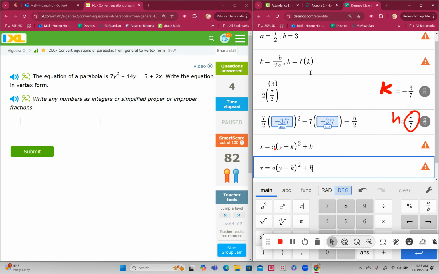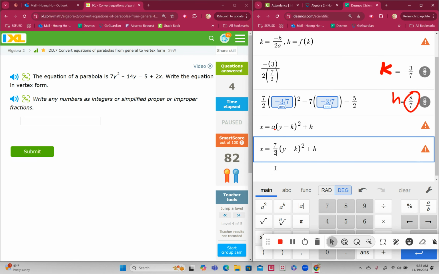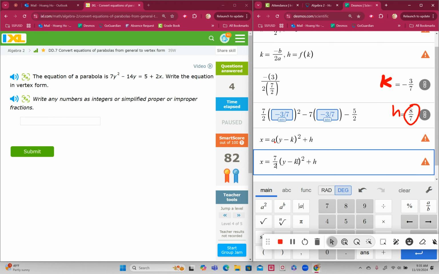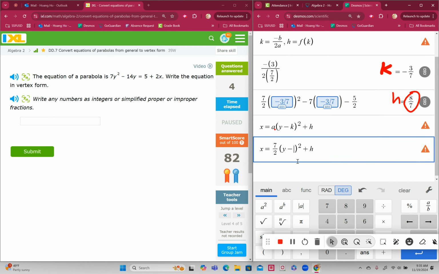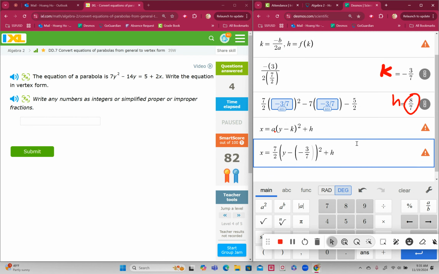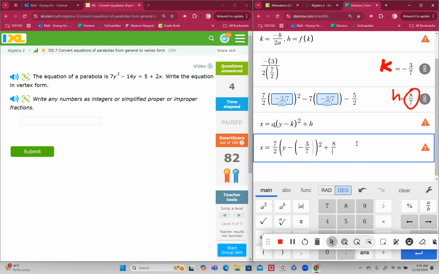The a equals 7 over 2. The k happens to be negative 3 over 7, so I put in parentheses negative 3 over 7. And the h comes out 8 over 7. So that's it.